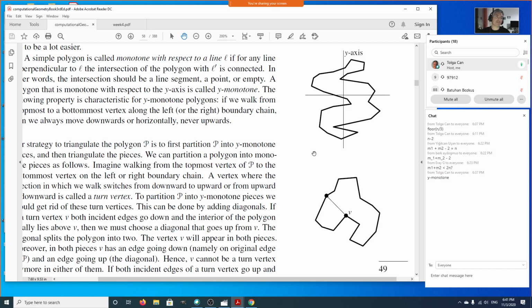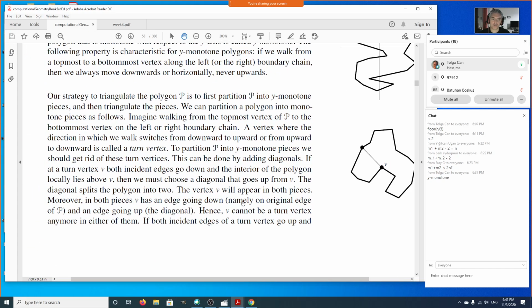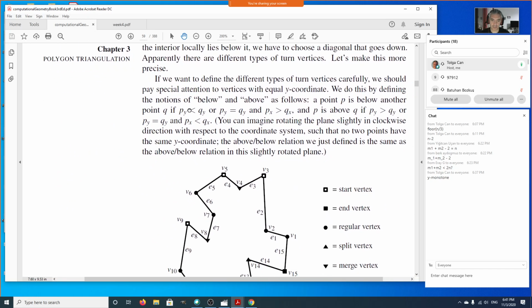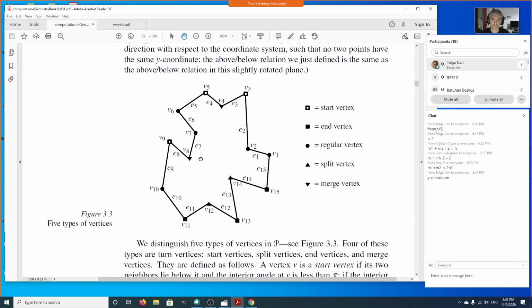This will be simpler than triangulation, and our goal will be just to get rid of vertices that are bad for monotonicity. So therefore, we define certain types of vertices. Here is a really nice figure, which classifies each vertex of a polygon into one of 5 vertex categories.